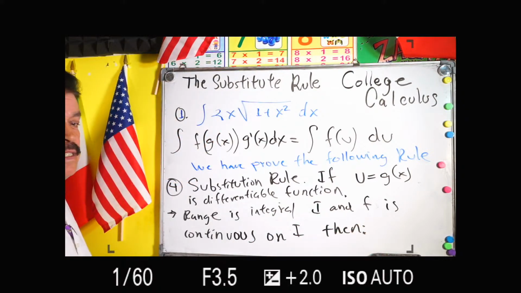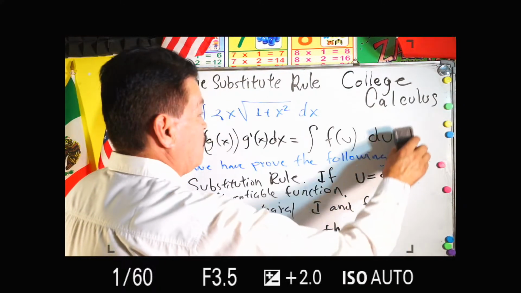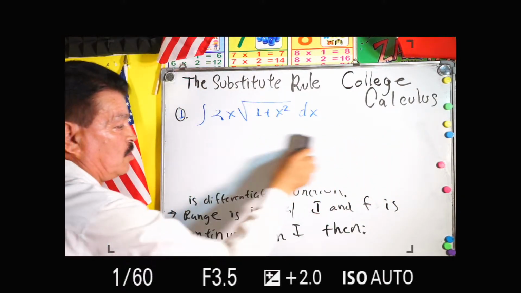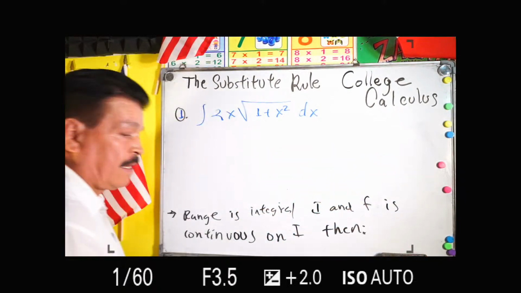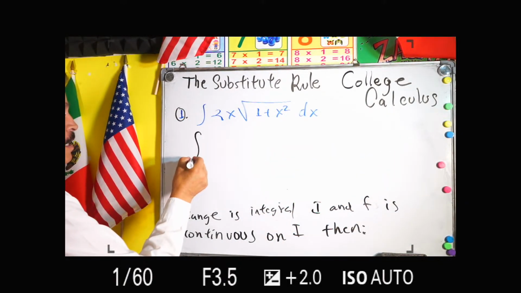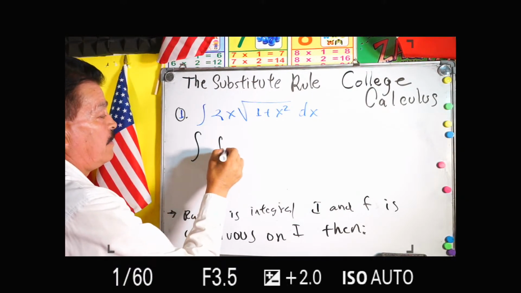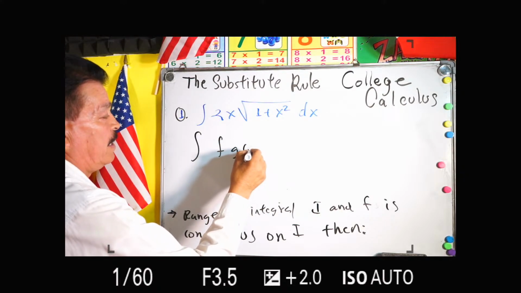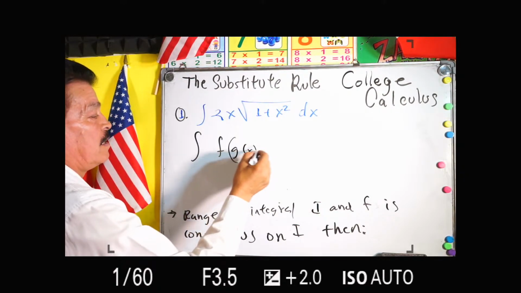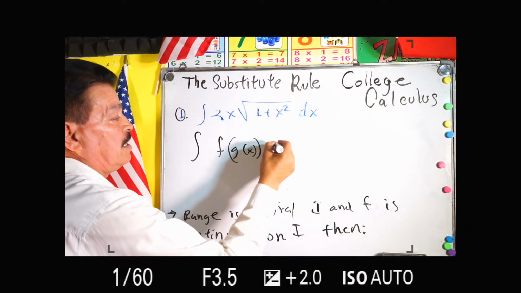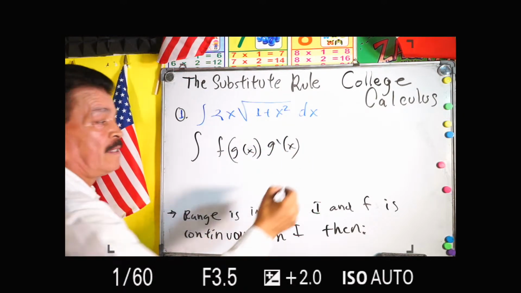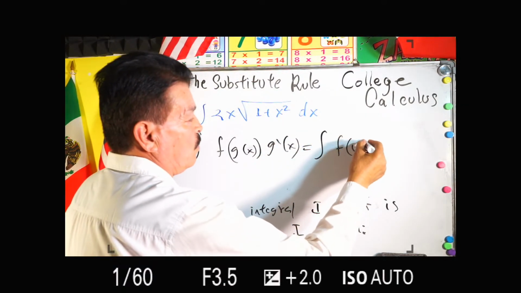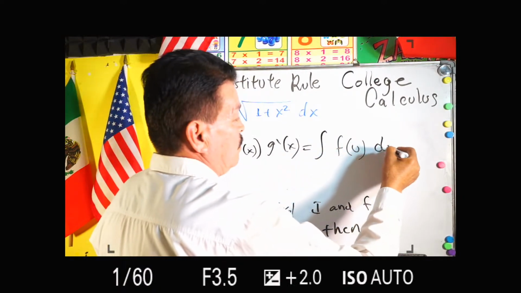So this is the rule. Let me write here the substitution rule: the integral of f of g of x times g prime of x equals the integral of f of u, differential of u.